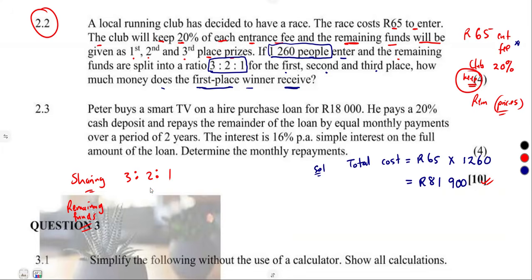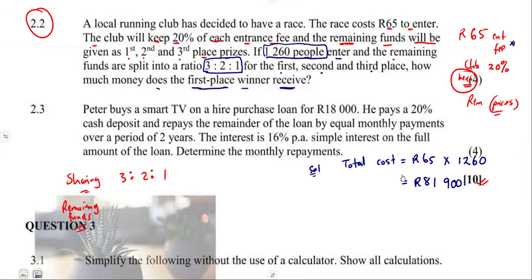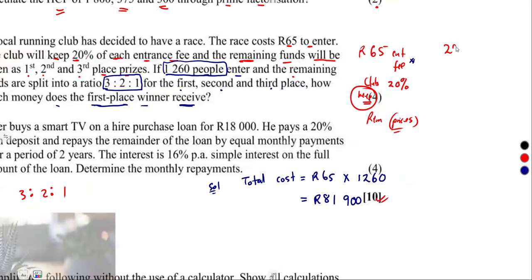So you can calculate, it's up to you how. You can calculate the 20% which the club is going to take, then you subtract that from the total. Let's say you calculate 20% of this.